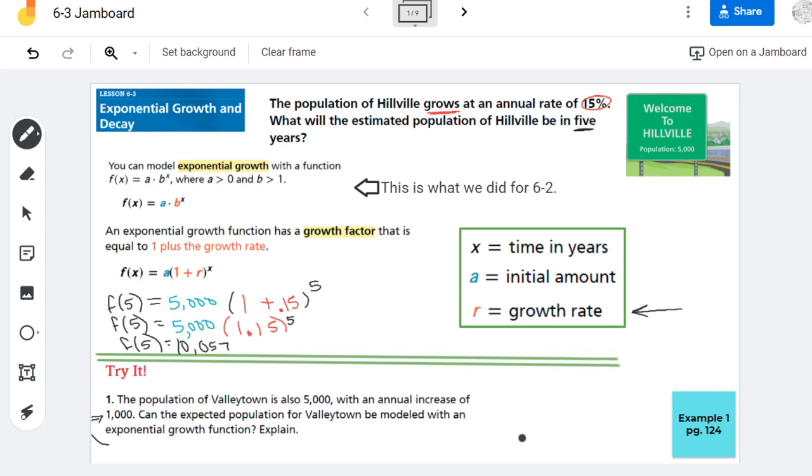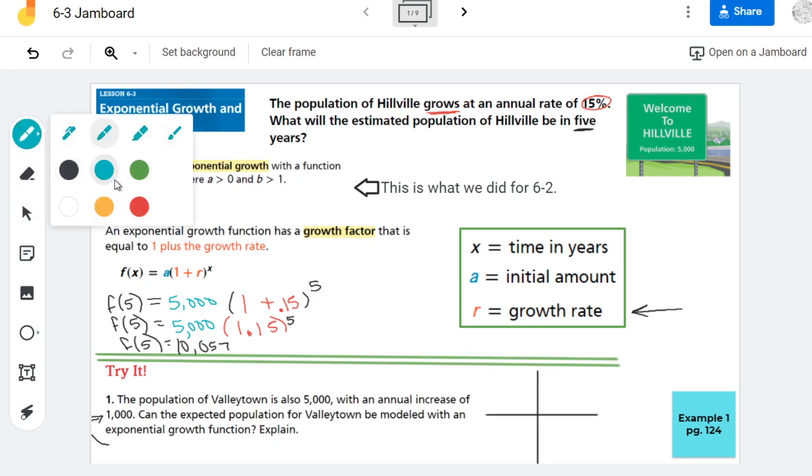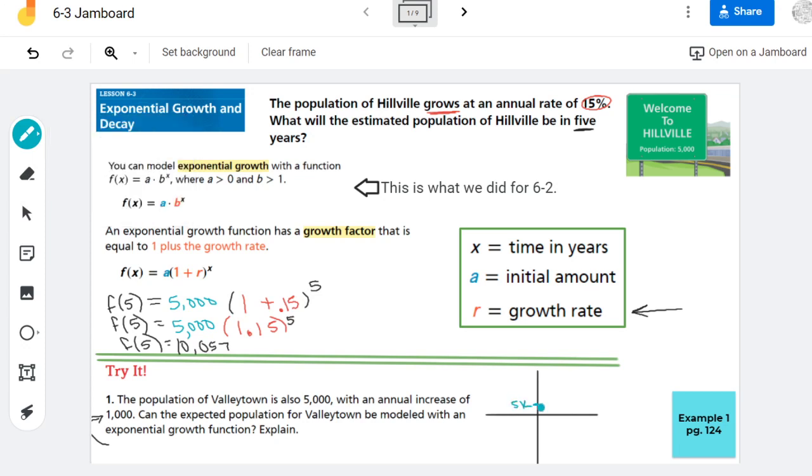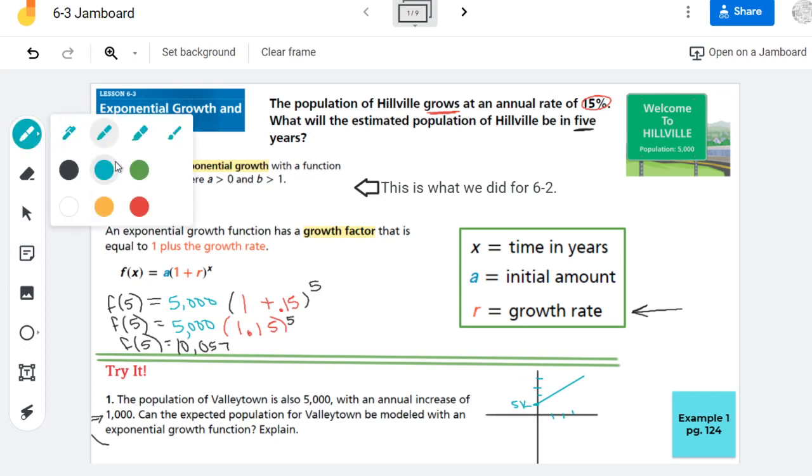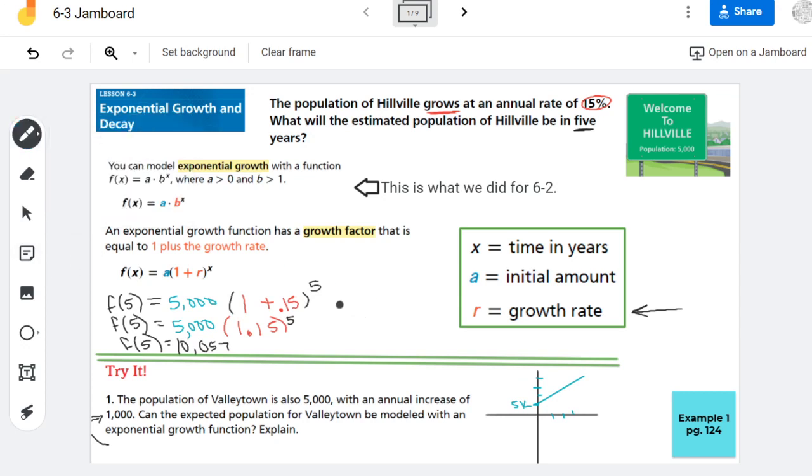Instead, this town, Valley Town, would grow very similar to a linear graph, where you start at 5,000, and then every year you grow by another 1,000. So it would grow linearly like that, as opposed to Hillville, which is growing exponentially, which would look something like this.